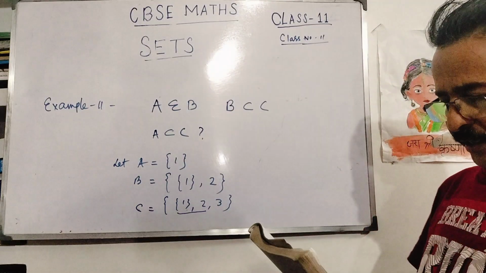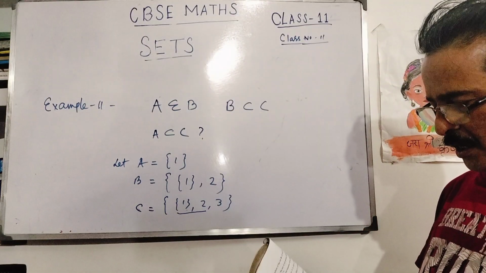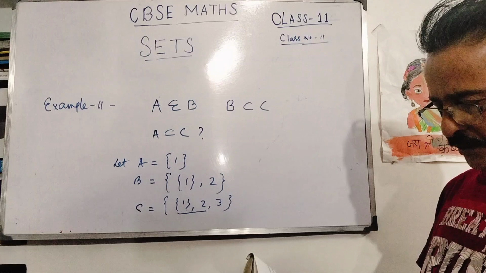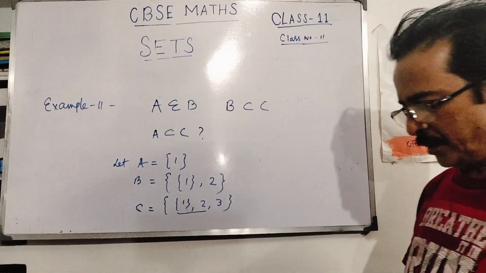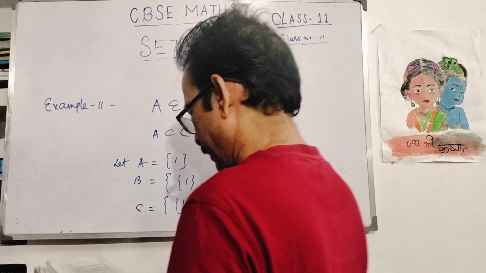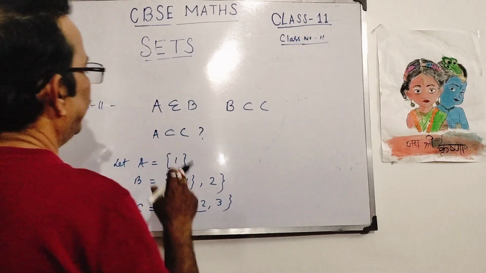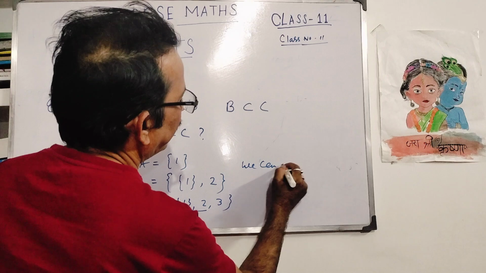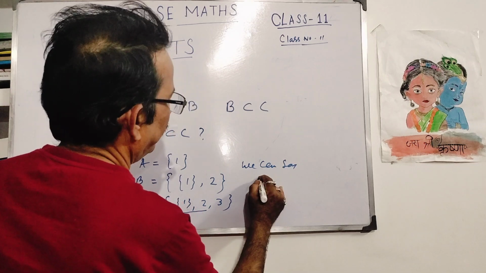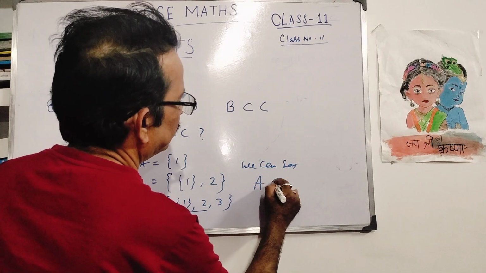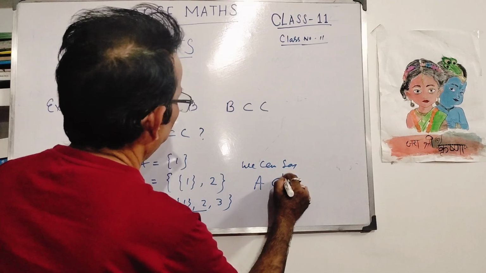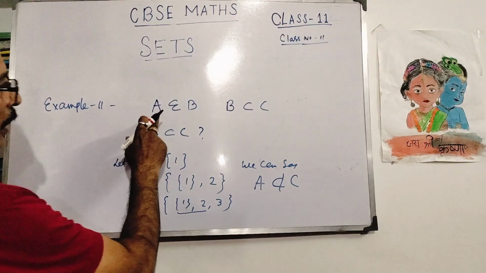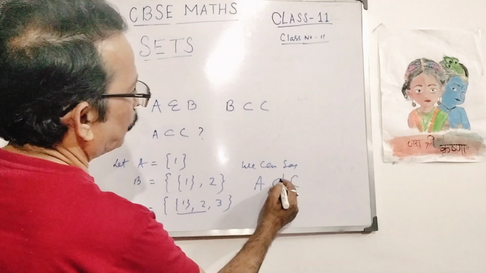Here we can say that A is not a subset of C. Why?